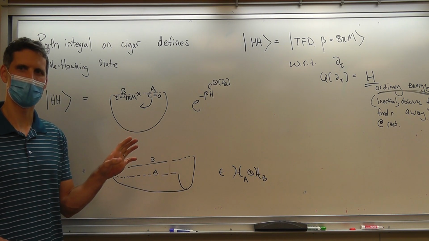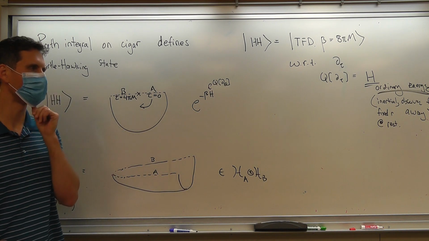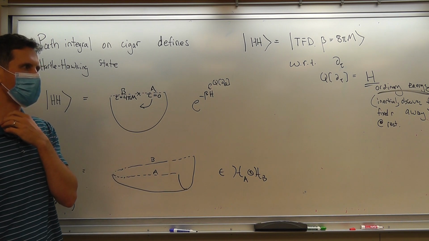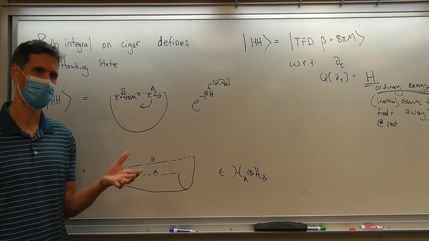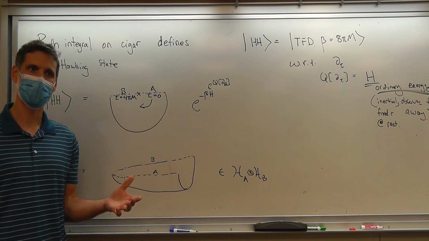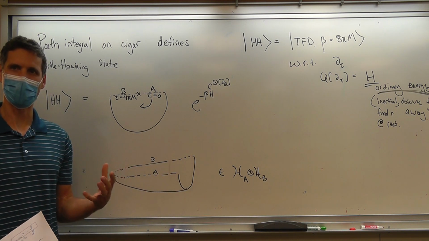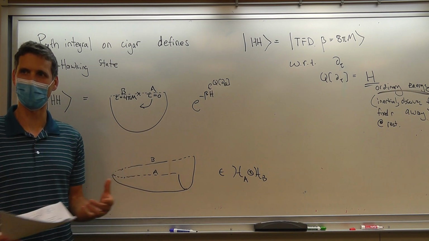But the reason I'm not calling it Kruskal vacuum is I don't think there is a Kruskal vacuum, because it's not a static state. It's not a static metric. If you try to write down a state with no particles, it might have no particles at time 0, but then the metric is time dependent.